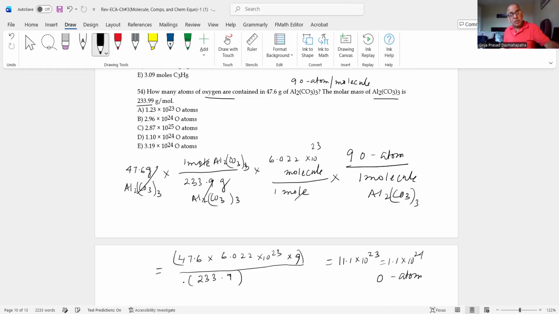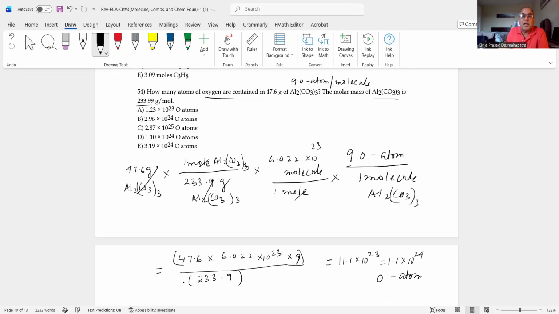Okay. So this is the way we are converting gram to moles, moles to molecules, and molecules to atoms. Unfortunately, we didn't have any problem where we were asked for the number of all atoms together.